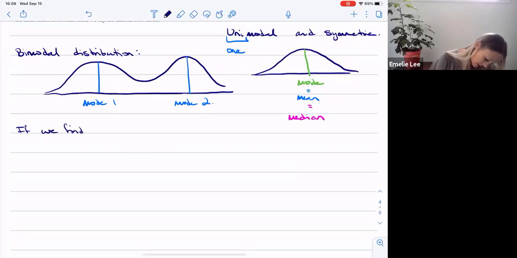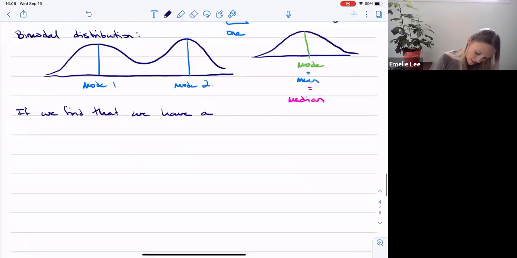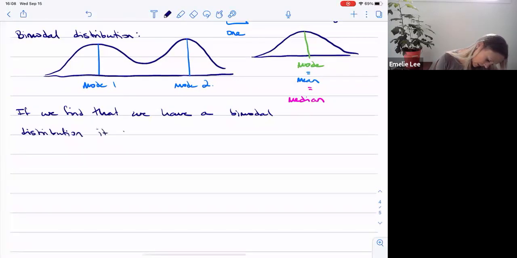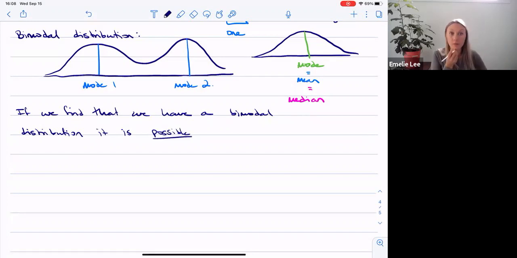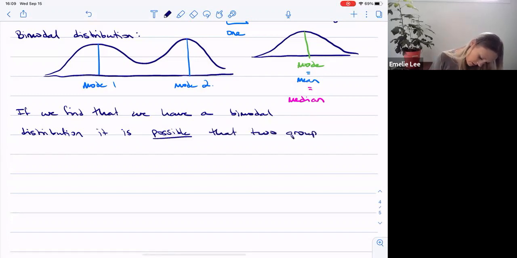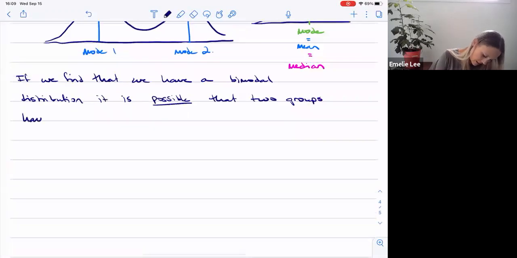If we find that we have a bimodal distribution, it is possible that two groups have been combined but should be analyzed separately.